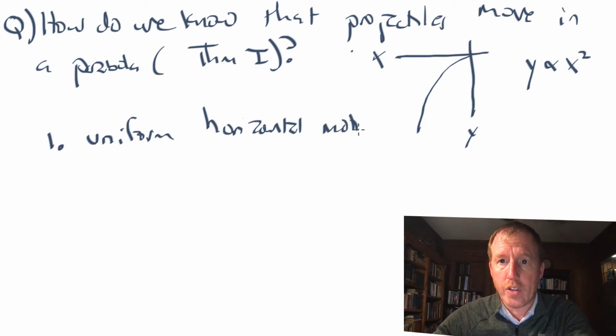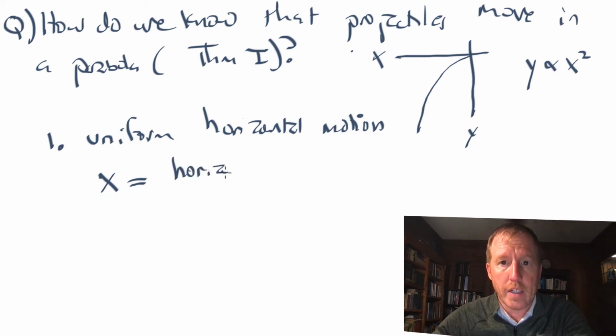Remember back in chapter 8 of the text, we defined what we mean by horizontal motion. If it's undergoing uniform horizontal motion, the x distance that it travels, that is the horizontal distance, is equal to the horizontal speed, that is how fast it's moving horizontally, multiplied by the time elapsed.